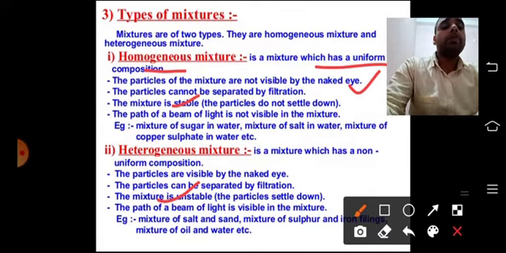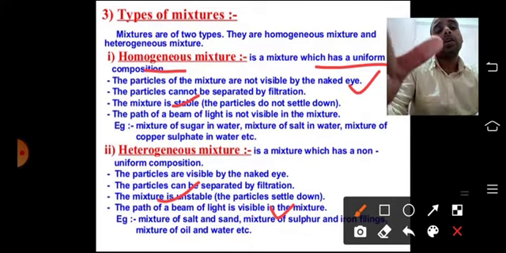The path of a beam of light is visible in the mixture. If I pass a beam of light through a mixture of sand plus water, what will happen?